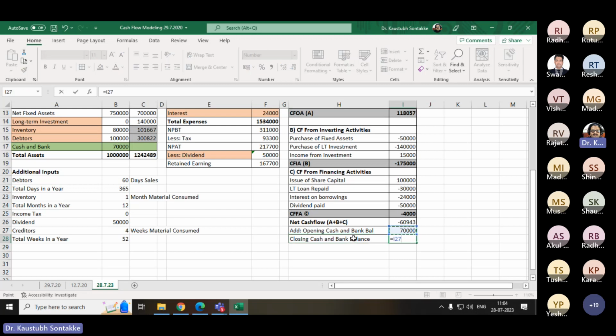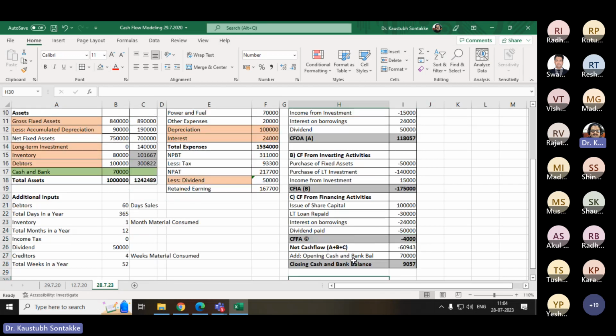Closing is equal to net cash flow, not minus, plus opening. Net cash flow plus opening. So you got a final figure, closing cash and bank balance is equal to 9,057.